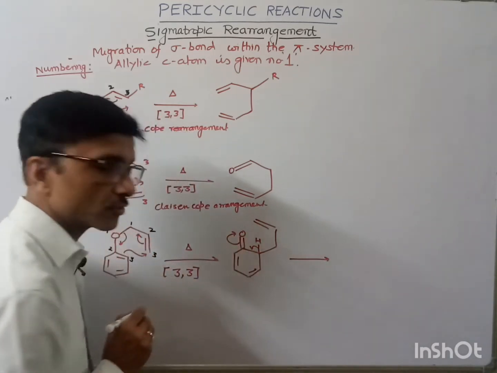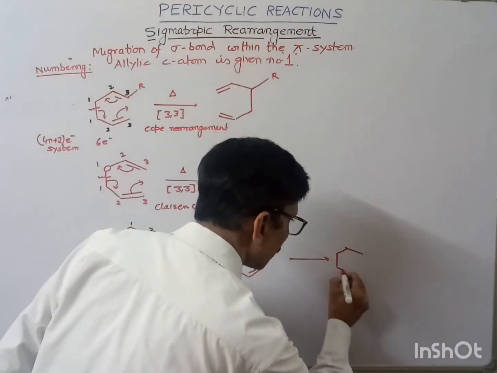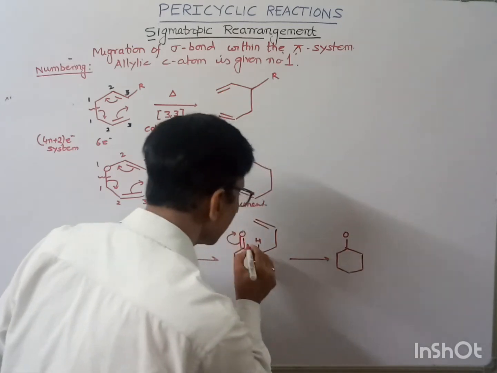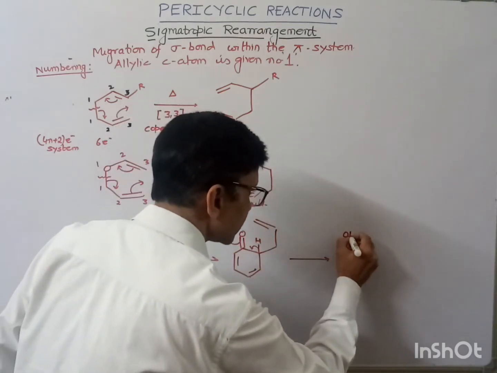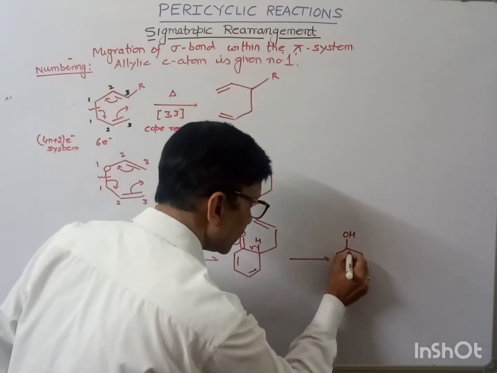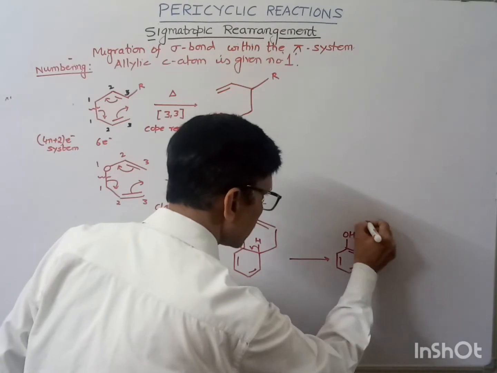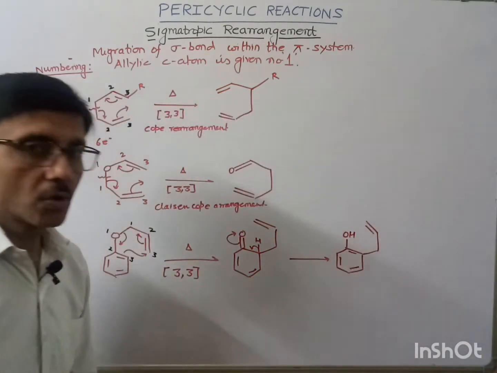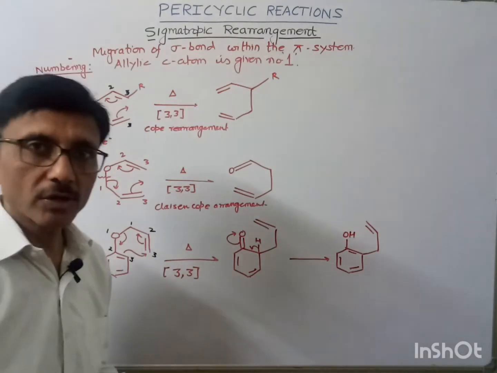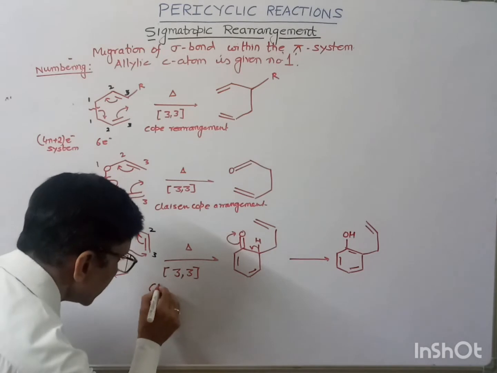This pi electron will go like this, and finally O minus will take this H plus, which has moved, and finally the ortho allyl phenol is formed in this case. So we have already read such type of reaction, and this is an example of Claisen rearrangement.